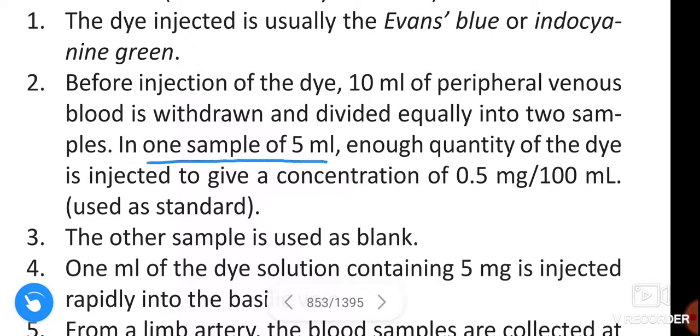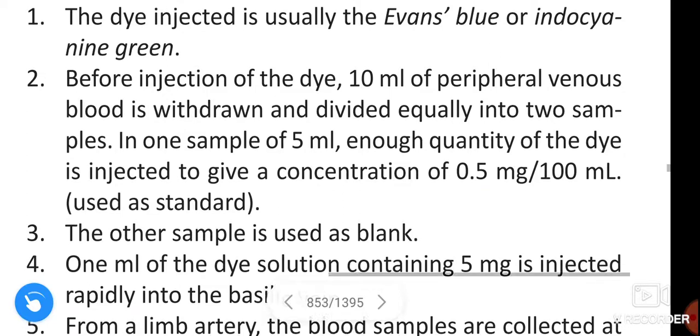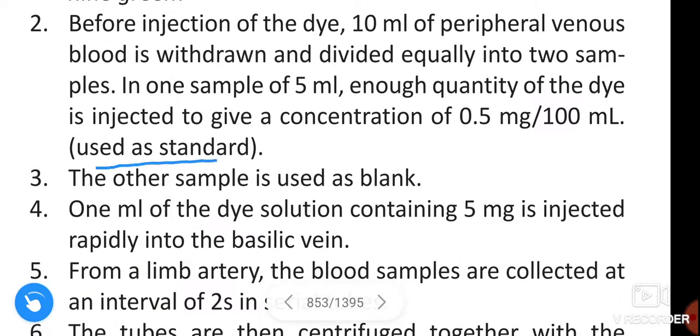In one sample of 5 ml blood, enough quantity of dye is injected to give a concentration of 0.5 milligram per 100 milliliter. This concentration we use as the standard.